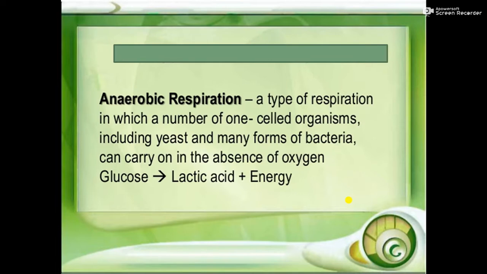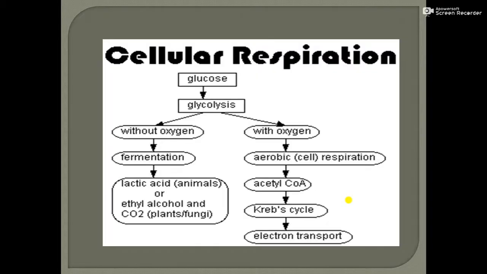And anaerobic respiration is a type of respiration which a number of one-celled organisms, including yeast and many forms of bacteria, can carry on in the absence of oxygen. And the equation is glucose converts to lactic acid plus energy.